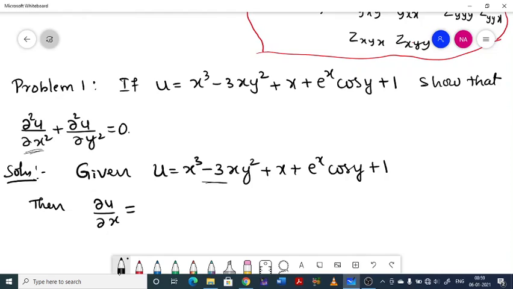So the differentiation of x cube will be 3x square, minus y square constant is retained. Derivative of minus 3x, you get minus 3. Derivative of x is 1. Derivative of e power x cos y: cos y is a constant term, so there is no change in that. Derivative of e power x is e power x.